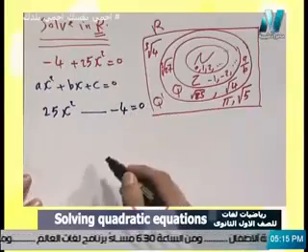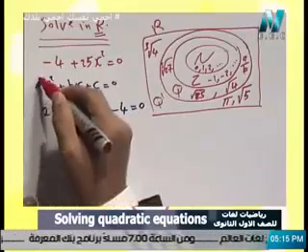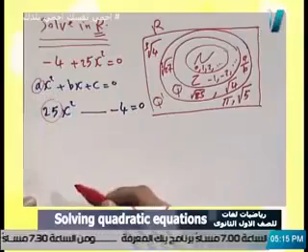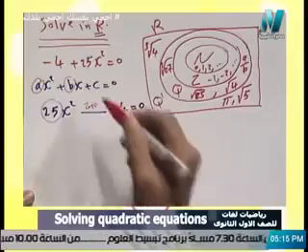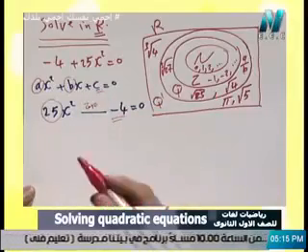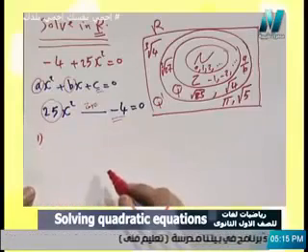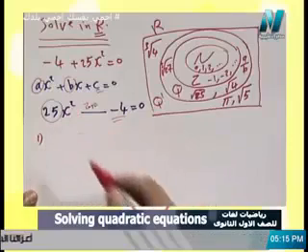By comparing, a here is 25, b is 0, and c is negative 4. And we will use two methods to solve this equation. It is a quadratic equation because it is a second degree equation.